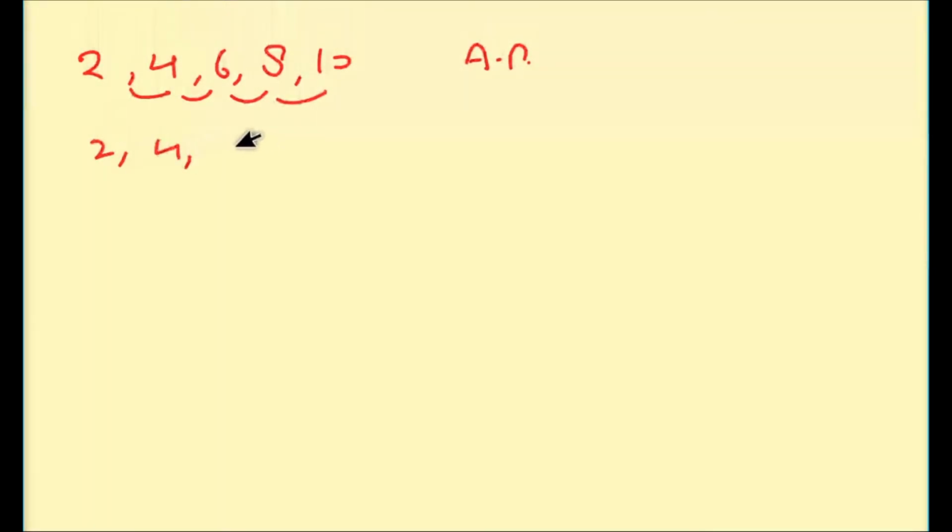So student, now we can say here in the previous example 2, 4, 6, 8, 10, the difference is equal, so it is AP. And here we can see the ratio is equal. It is GP.